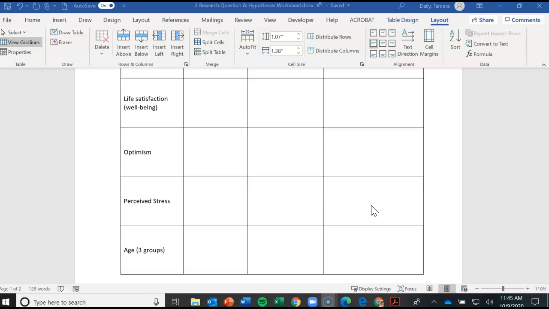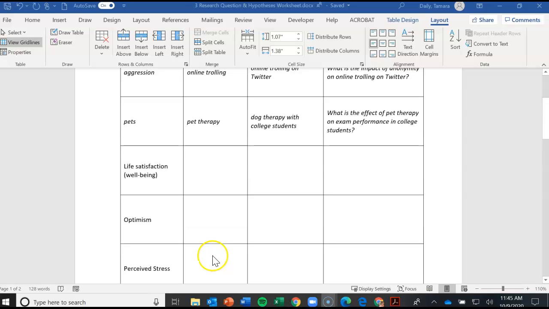And then go back to your worksheet 1 and look at the variables that you selected. So for this demonstration, let's say that my core variable is life satisfaction, and then my first quant variable that I picked was optimism, my second quant variable that I picked was perceived stress, and my categorical variable that I selected was age. And I'm going to further define that as 3 groups.